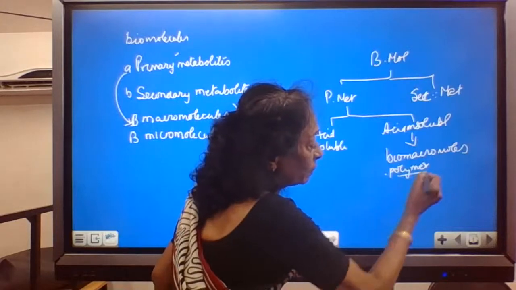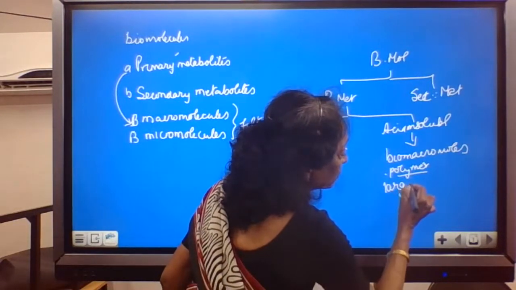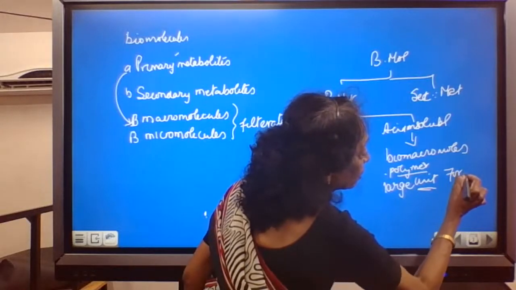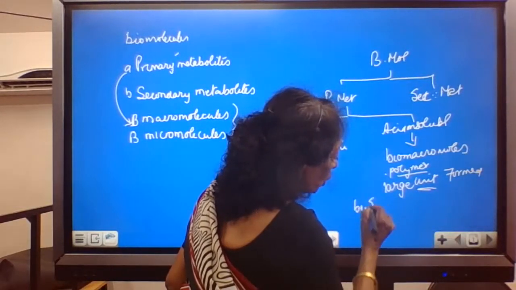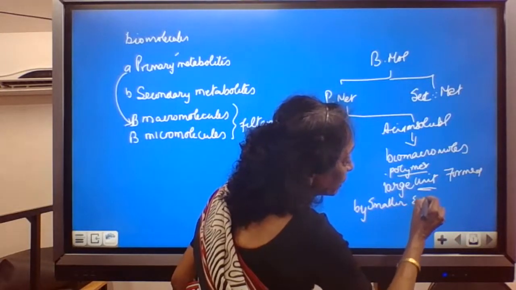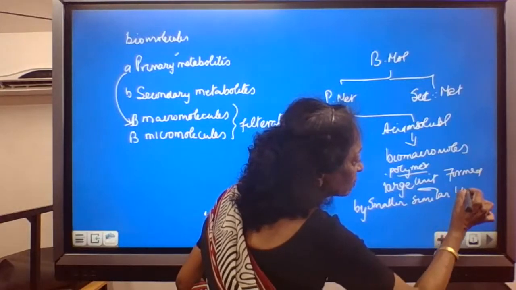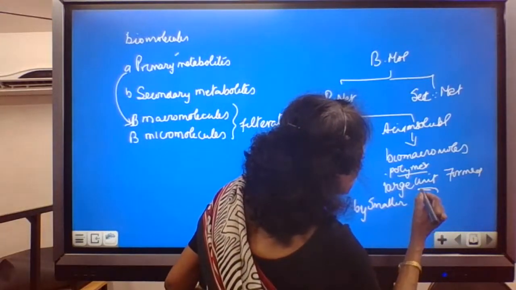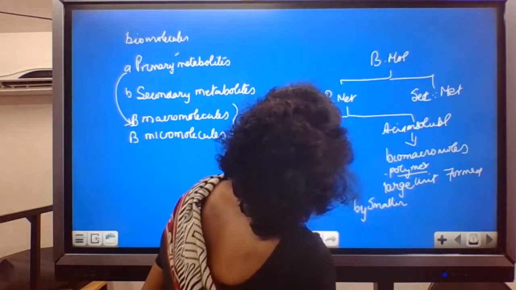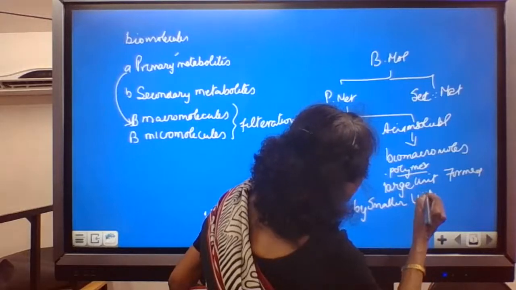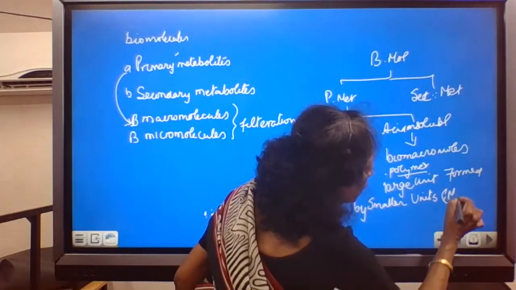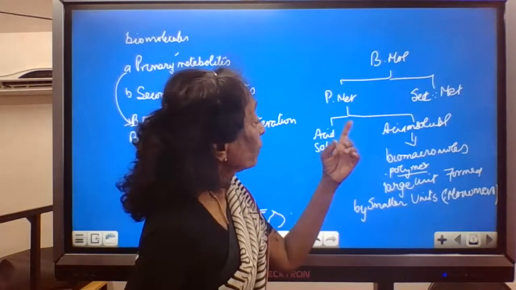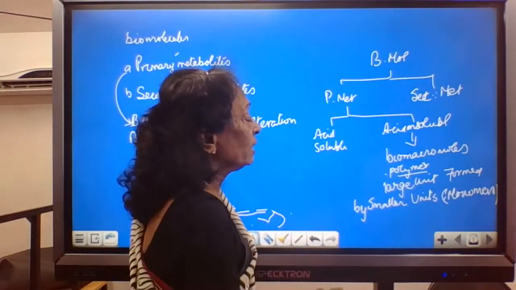So you should use the word: a polymer is a large unit formed by smaller similar units. It may not always be similar, but use the word similar. The smaller units are called monomers.